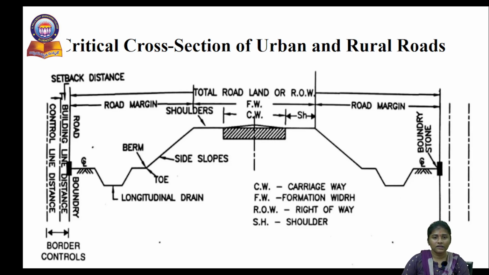So here in this slide we can see the typical cross section of urban and rural roads. Here you can observe carriageway, formation width, total road land or right of way, road margins, setback distance, longitudinal drain, berm, side slopes. So everything is shown in this figure.